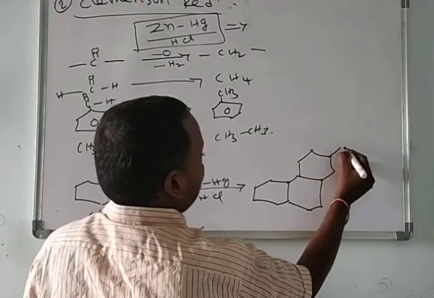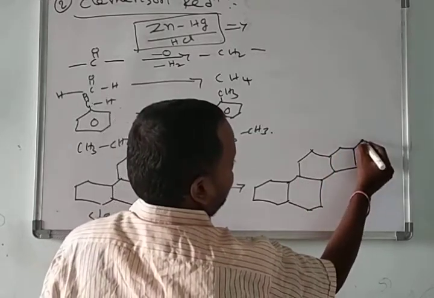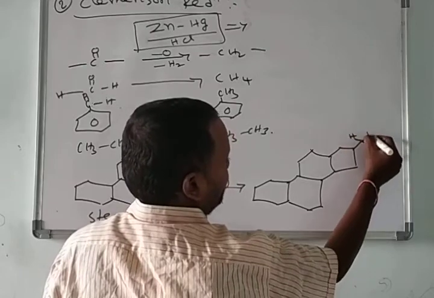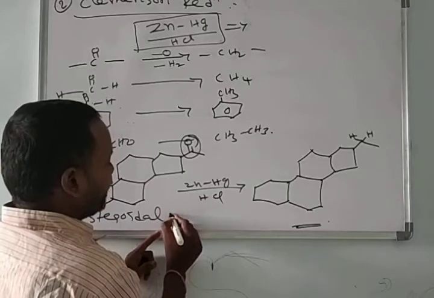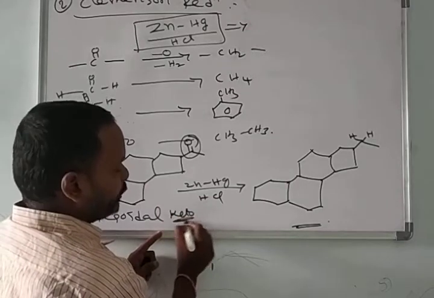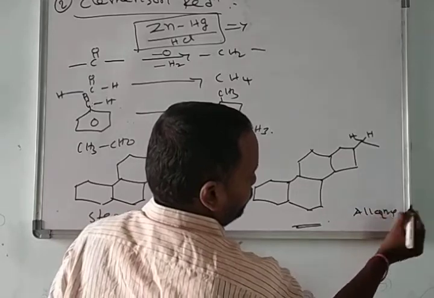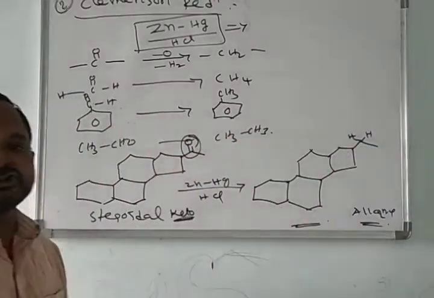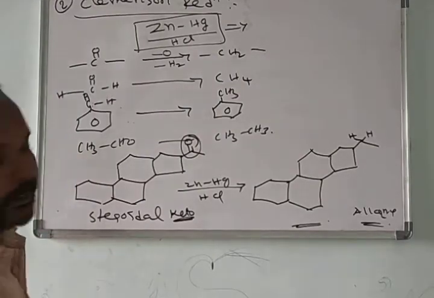We'll get the steroid with the keto or aldehyde functional group converted into an alkane functional group. This is about the second reaction, the Clemmensen reduction.